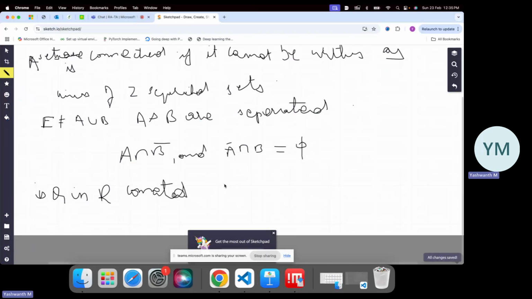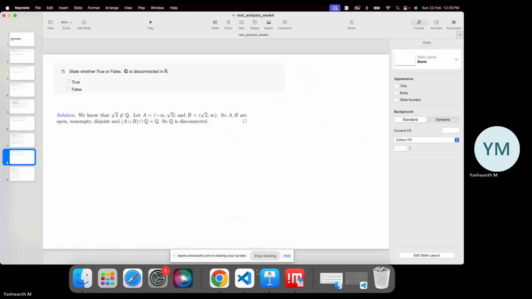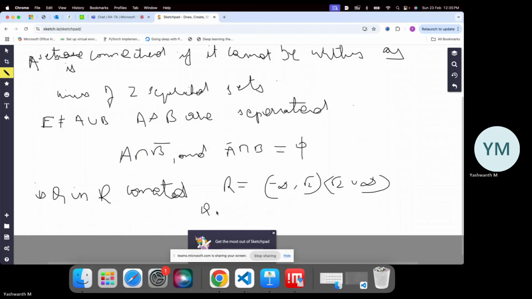It's not, because R can be expressed as minus infinity to square root of 2 and square root of 2 to infinity. Hence Q is disconnected in R.